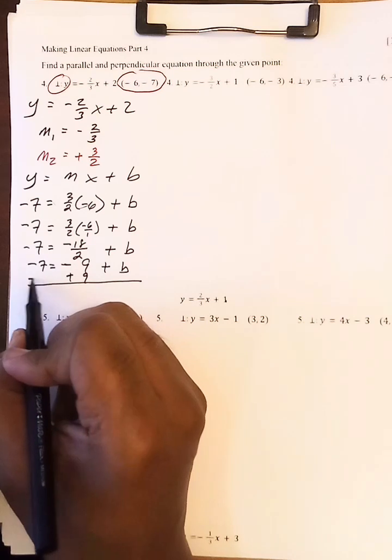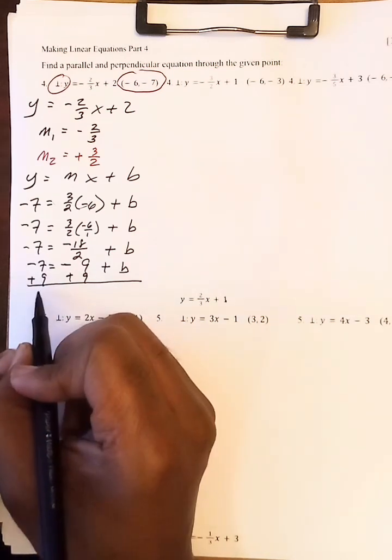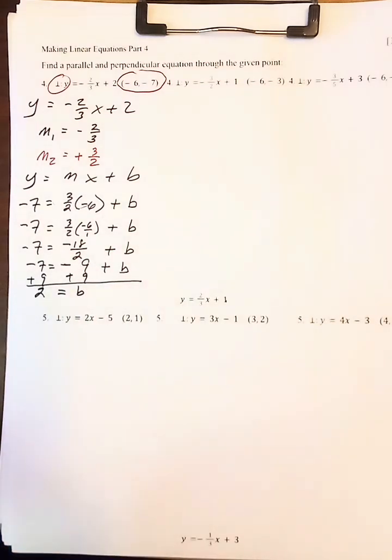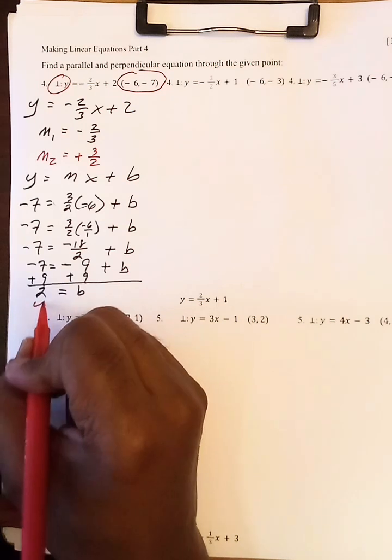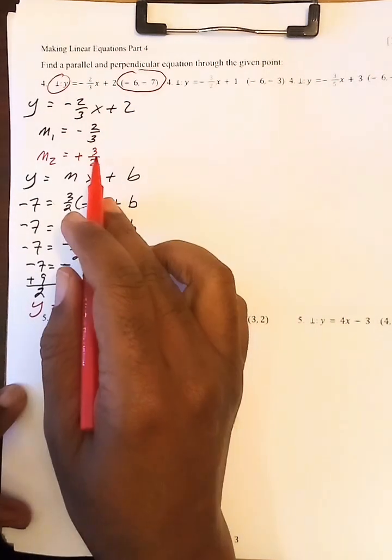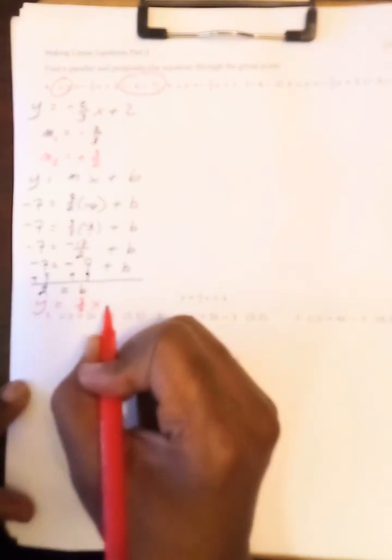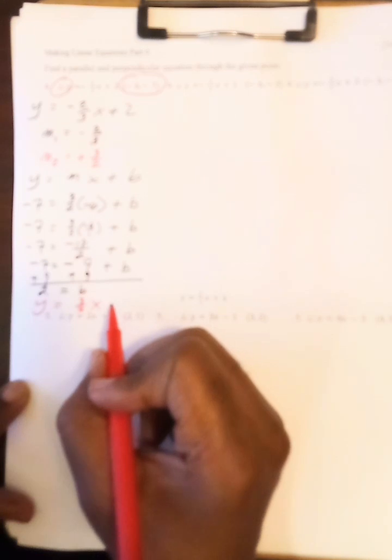So plus 9, plus 9. And this will give us 2 equals our b. Therefore, we can conclude that our new equation will be y equals the slope, positive 3 over 2 x, and then plus the 2 here.